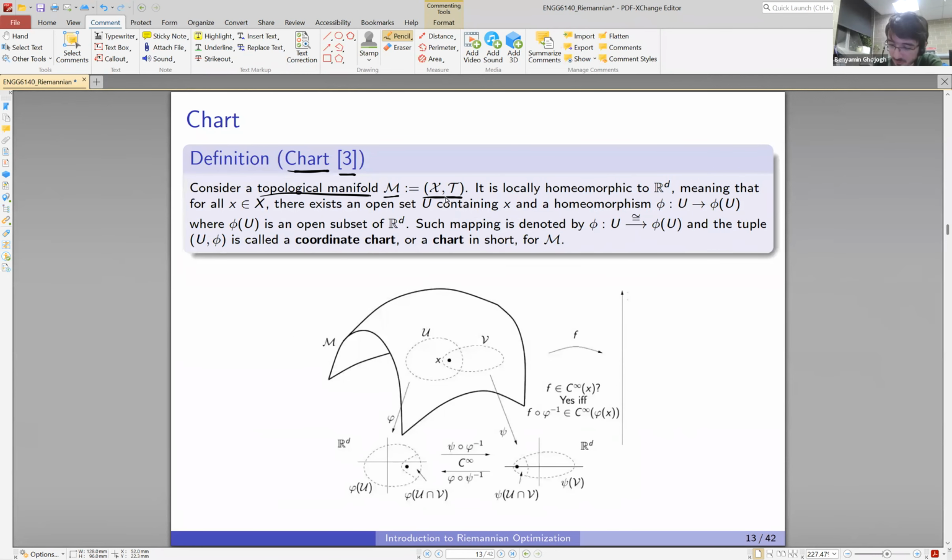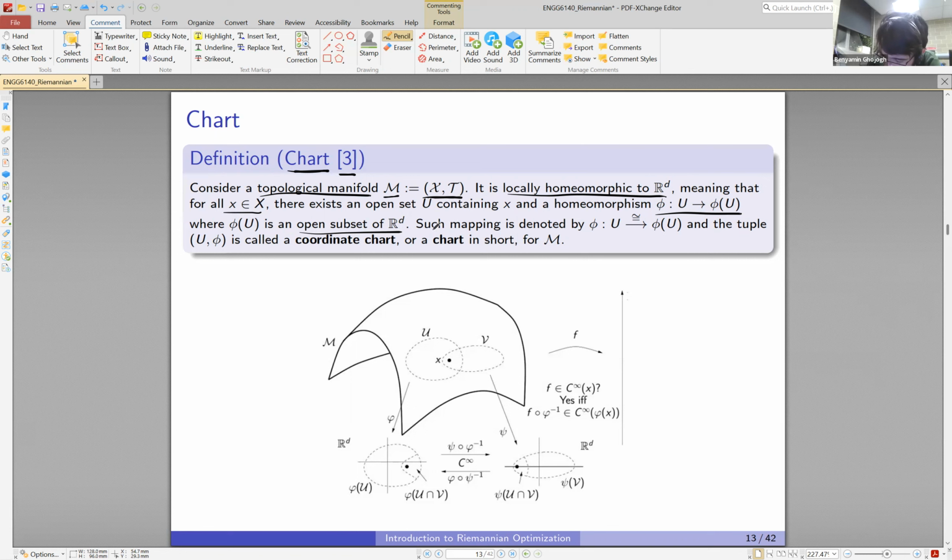So now consider the topological manifold X and T, which we denote by M. It is locally homeomorphic to R^D, locally D-dimensional, meaning that for all x in X, there exists an open set U containing x and a homeomorphism phi from U to phi(U), where phi(U) is an open subset of R^D. By this visualization, I think you will understand what I have said here.